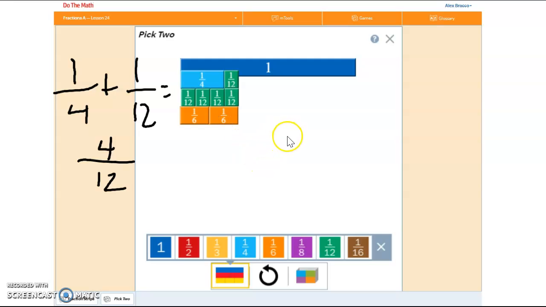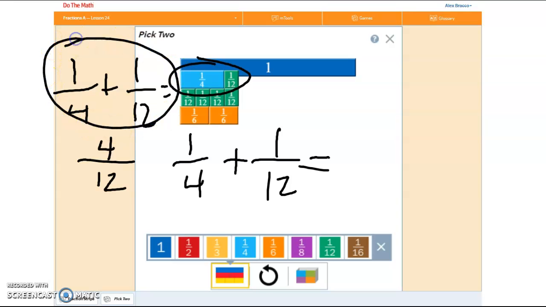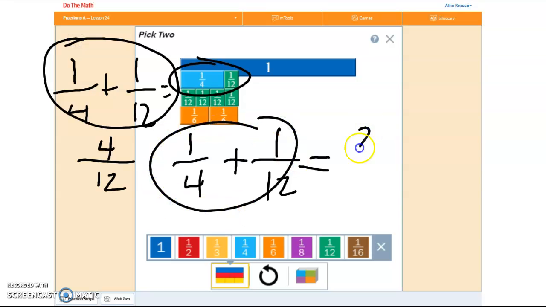Actually, it would be 1/4 plus 1/12, because we're adding these two. The pick 2, those are the 2 fractions you choose, and they are going to be your addition equation each time. And now we're showing you that 1/4 plus 1/12 also equals 2/6. And there's even another one that you could do. I am going to erase so I can show you.